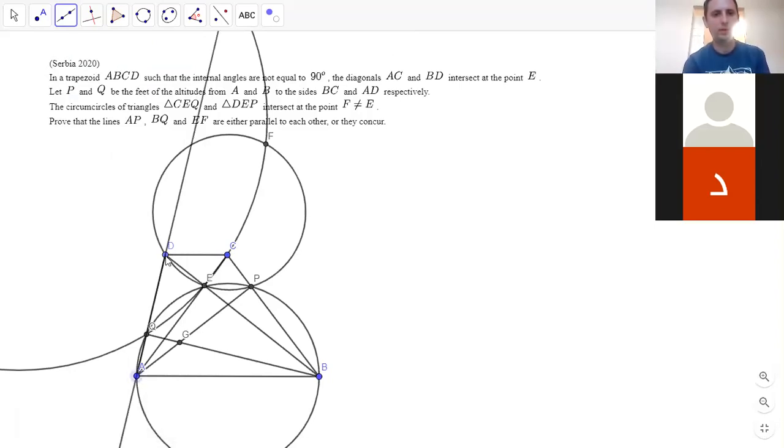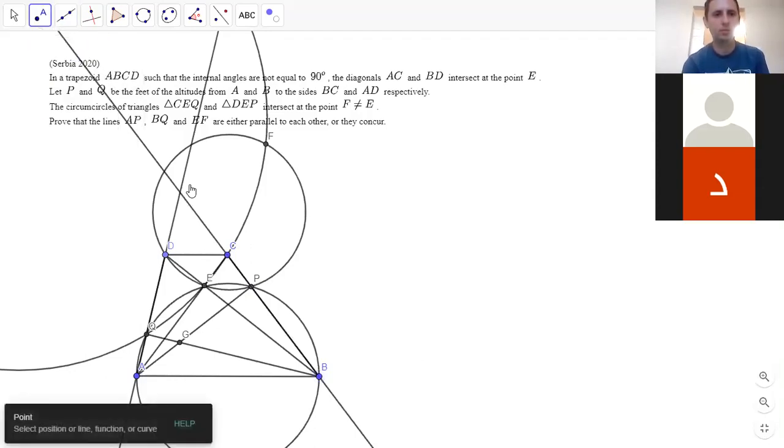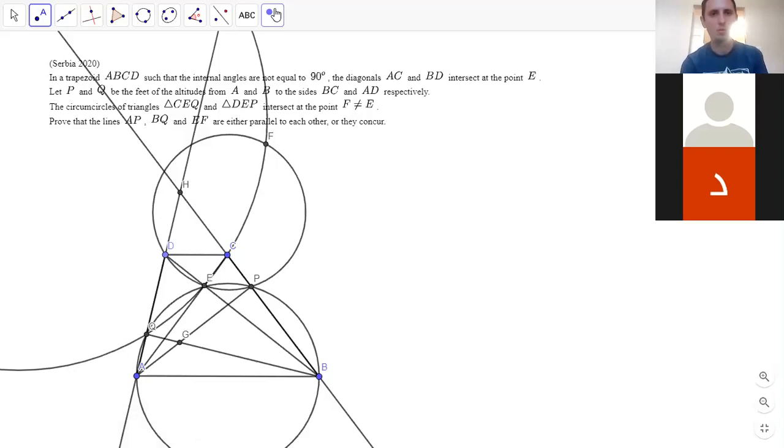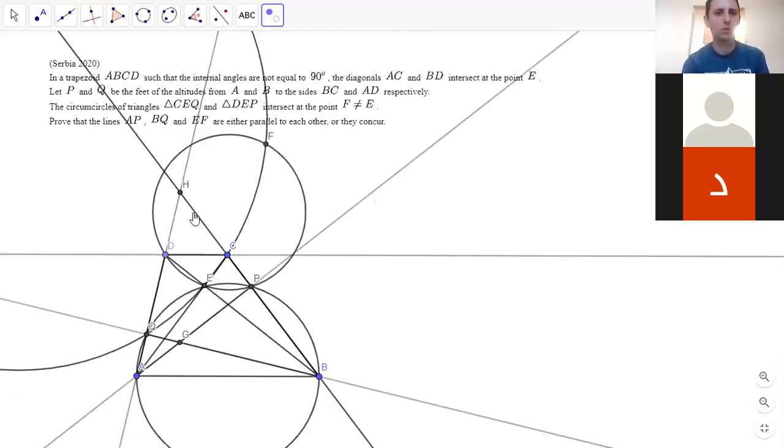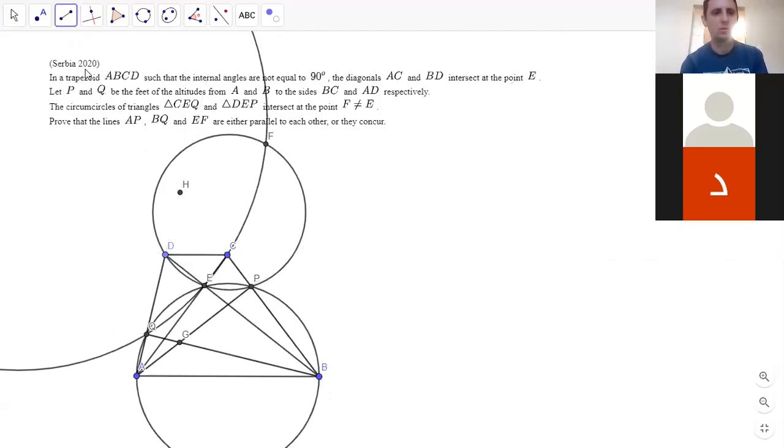So if we extend AD and BC, they don't meet on the circle, but maybe that'll still help. Maybe it's worth extending PQ and AB. I don't know.